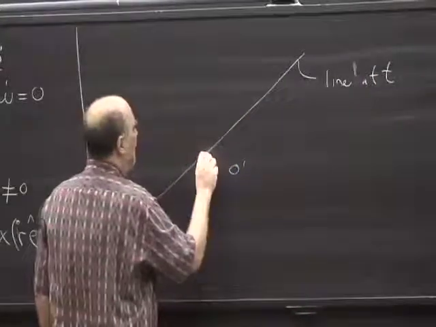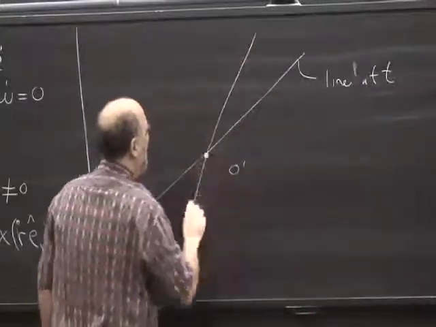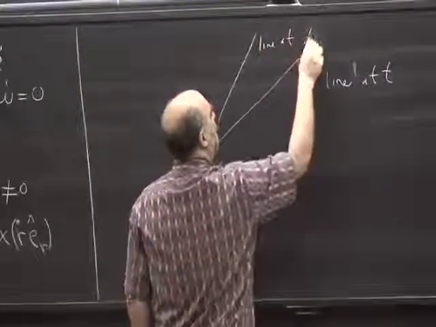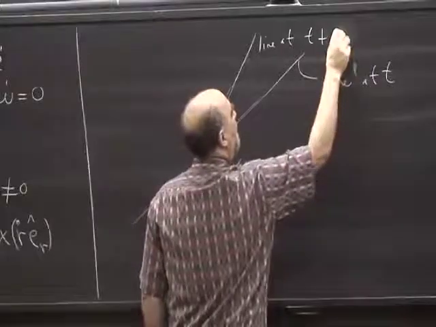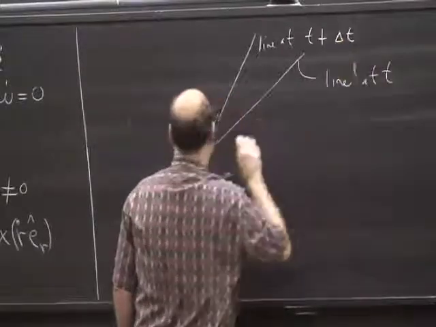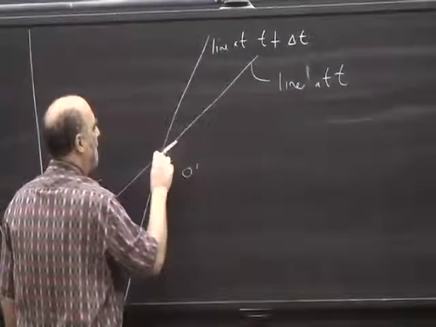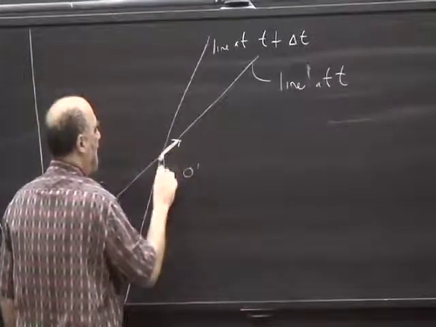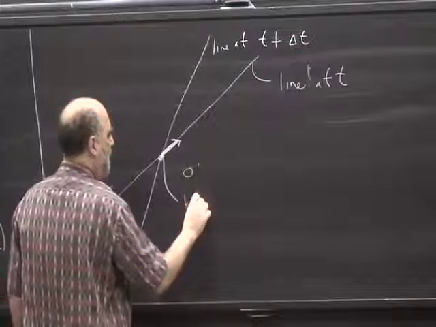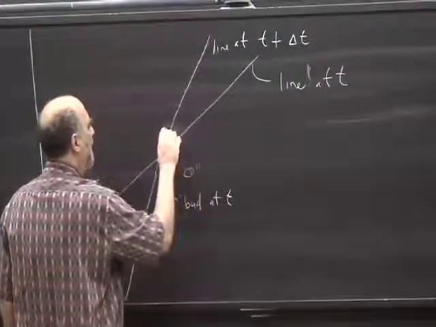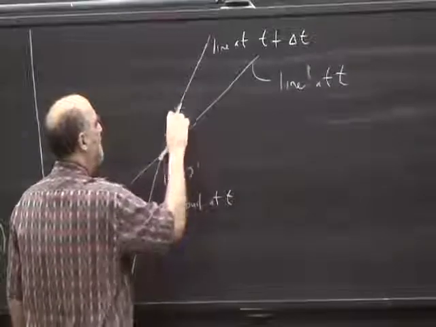Now let's look at this line at t plus delta t. And just for simplicity, let's just look at the velocity of the bug when it's right here. So here's the bug at t, and here is the bug at t plus delta t.